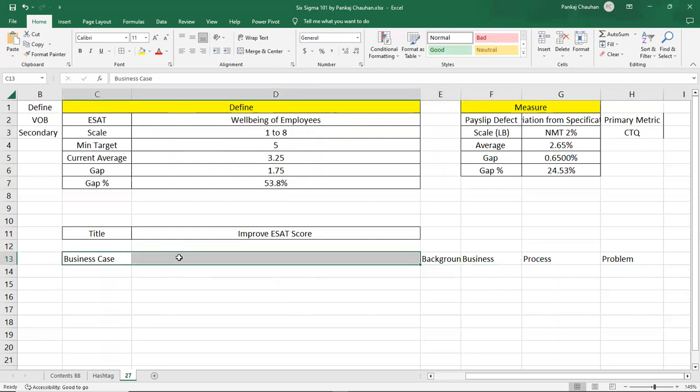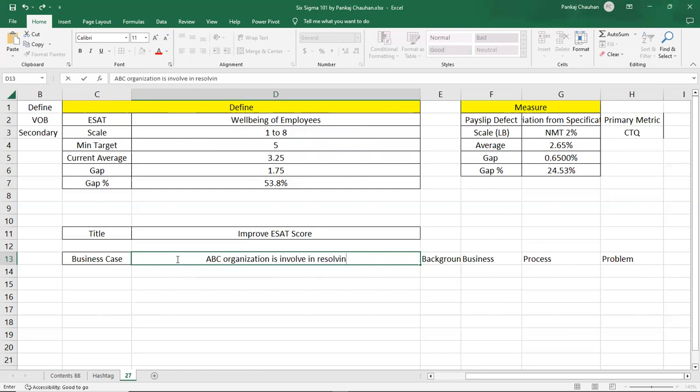Like in this case, if I consider any organization, let's say ABC organization or company is involved in resolving the customer technical problem tickets related to their computers or machine. Sorry, we are not talking about CSAT, we are talking about ESAT. So let's write on the ESAT.